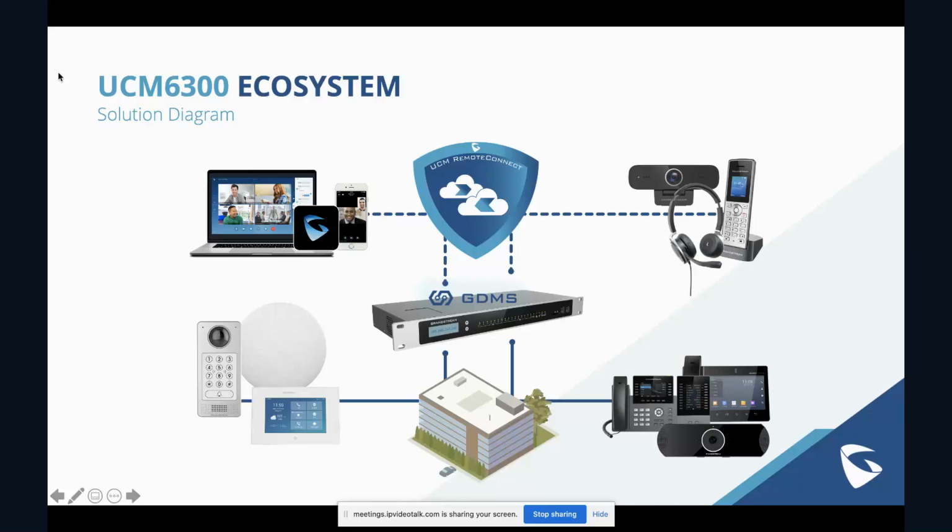And UCM RemoteConnect is the ideal way to ensure that those remote connections are secure. UCM RemoteConnect also allows you to create secure remote connections with Grandstream endpoints, IP phones, and whatnot, to allow your teams or your customers' teams, whether they be in multiple different offices, whether they're all working remotely, whether they're moving back and forth, to have a flexible solution.